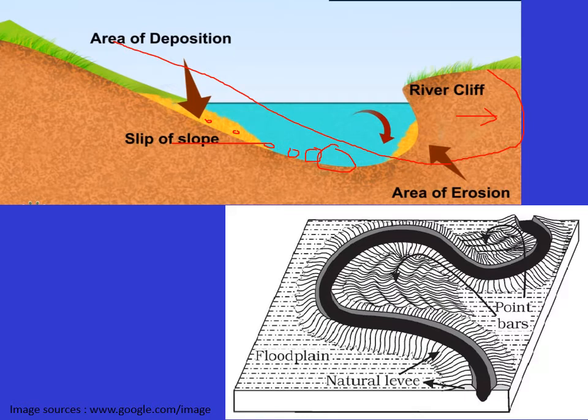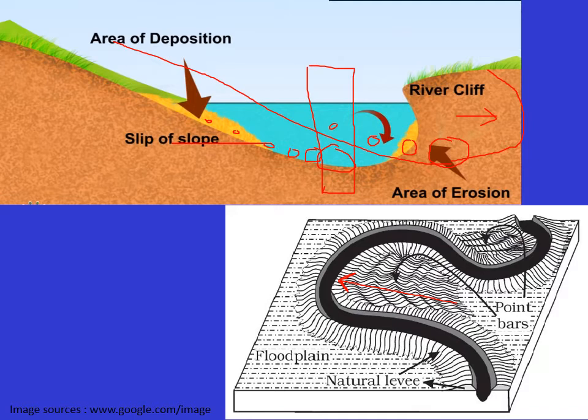So my point bar will be like this. Coarser material will be deposited here, then the medium size, and gradually grain size decreases. What you can see in this portion vertically is that these fine size particles come over the coarser size particles as the channel migrates more towards the concave bank with increased amounts of erosion in the concave bank.